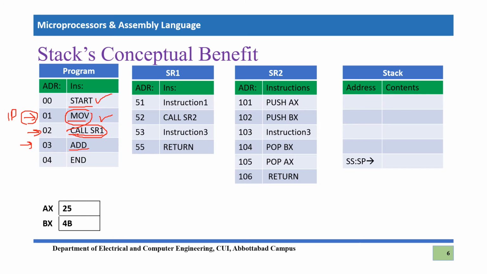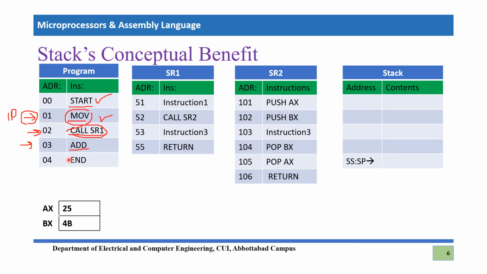But when call SR1 is going to execute, the microprocessor will come to know that this is a call statement and I have to switch from the main program and go to this service routine which starts from address 51. So this address, 03, which is the address of the next instruction, add, was pointed to by IP, but now since the call instruction is executed, IP will switch to instruction 1 written at address 51.